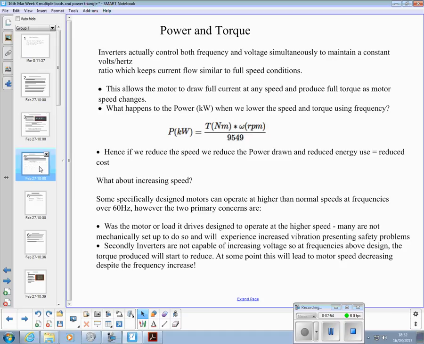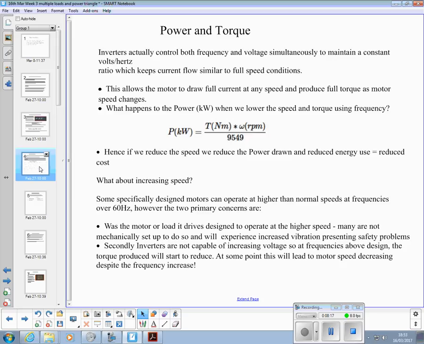What happens to the power when we lower the speed and torque using frequency? Okay. There's a formula there for power. It's torque times the angular frequency, or RPM, over that figure, constant 9549. If we reduce the speed, we reduce the power drawn from the supply, because everything else there is constant.